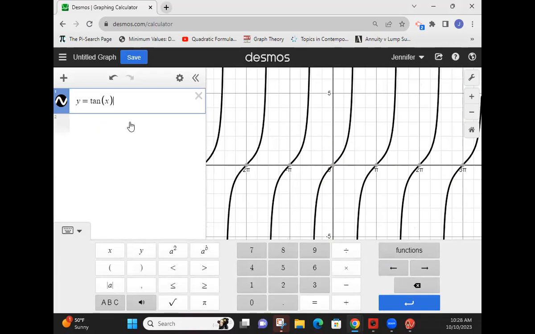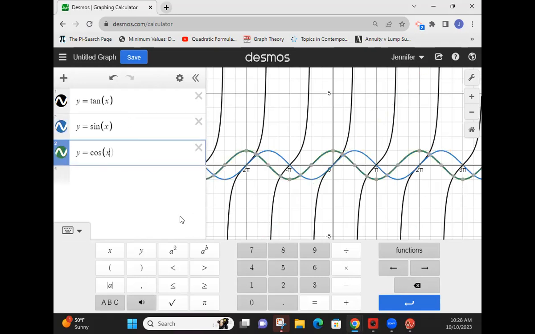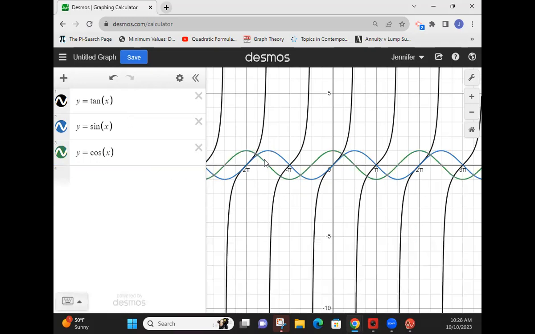Now let's get rid of tangent and cotangent, and let's look at sine and cosine together. So sine and cosine look pretty much the same. They're just shifted off of each other, right? And then tangent, we see, is undefined anywhere that cosine is 0, which should make sense.